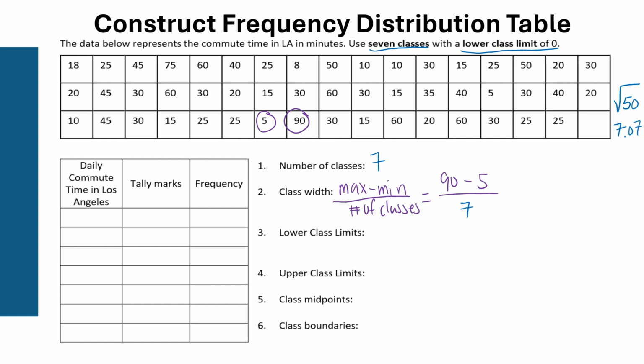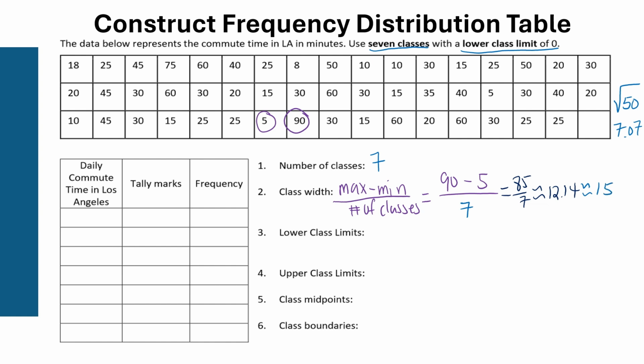Simplifying, we have 85 divided by 7, which is approximately 12.14. For the class width, you always want to round up to the next convenient number. So the next convenient number after 12 is going to be 15.